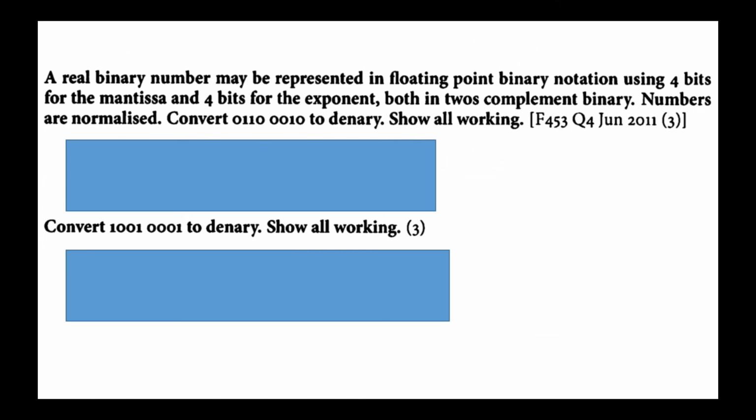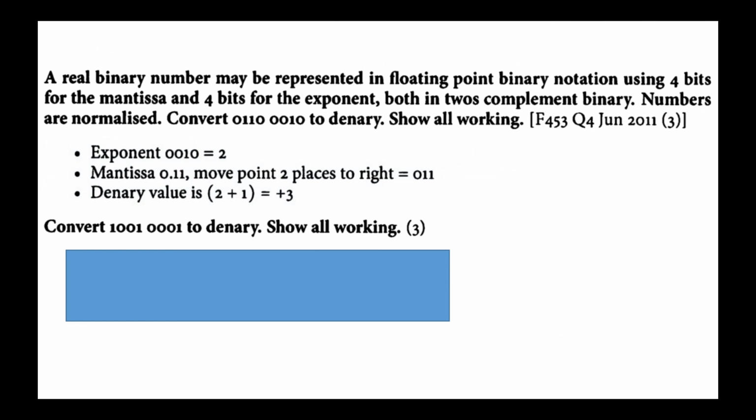Right then, the answer. Convert 0.110010 to denary. The mantissa is 0110 and the exponent is 0010.